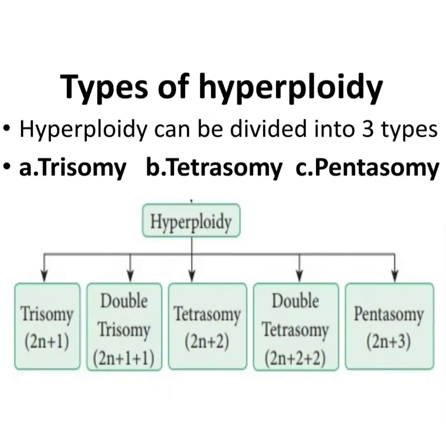So the types of hyperploidy are three: trisomy, tetrasomy or pentasomy. Trisomy may be single trisomy called 2n plus 1 or double trisomy 2n plus 1 plus 1. Tetrasomy is single tetrasomy 2n plus 2 or double tetrasomy 2n plus 2 plus 2. Then pentasomy 2n plus 3.